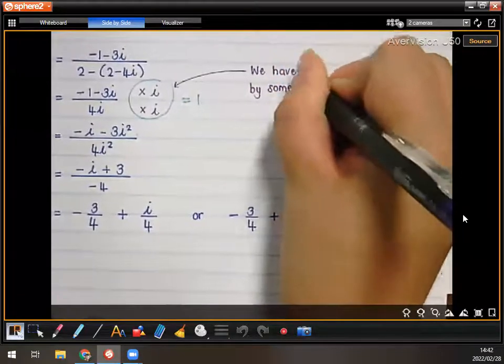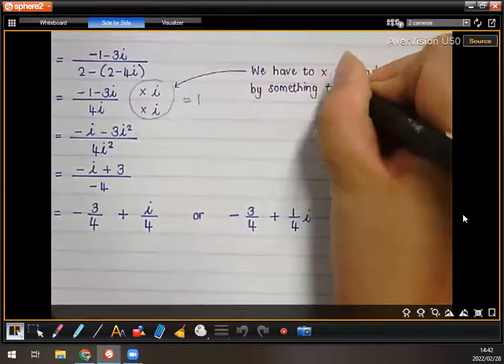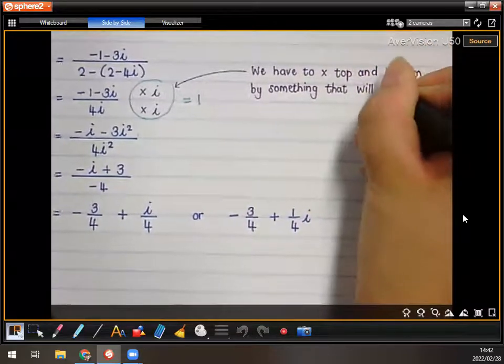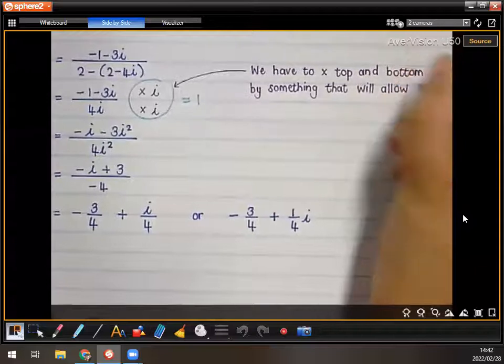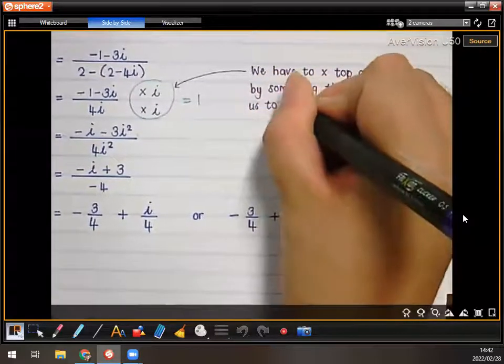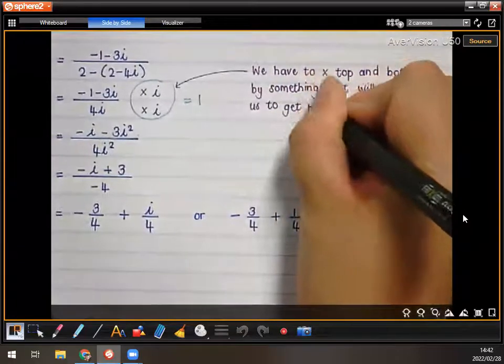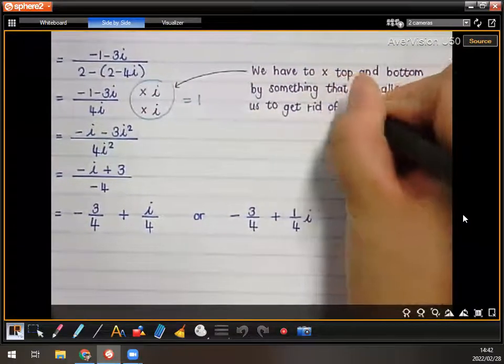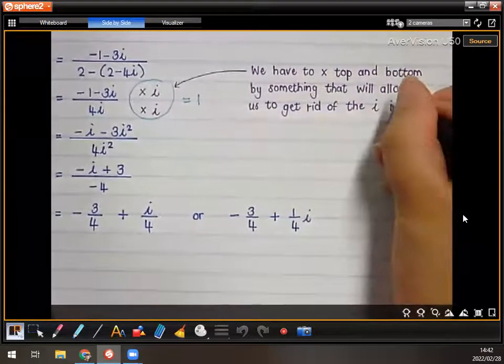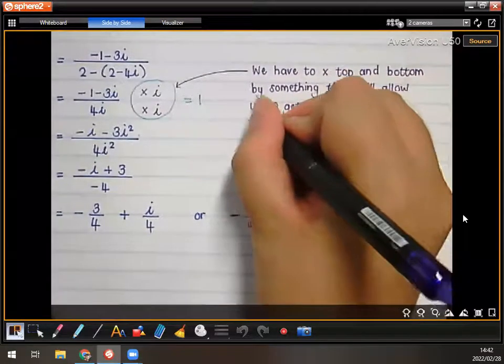Because in this case it was just one term, it was just an i, that will allow us to get rid of the i in the denominator.